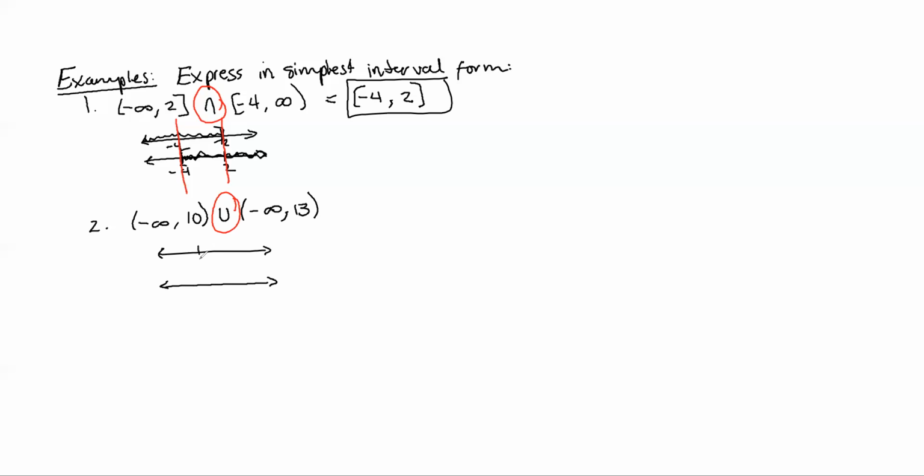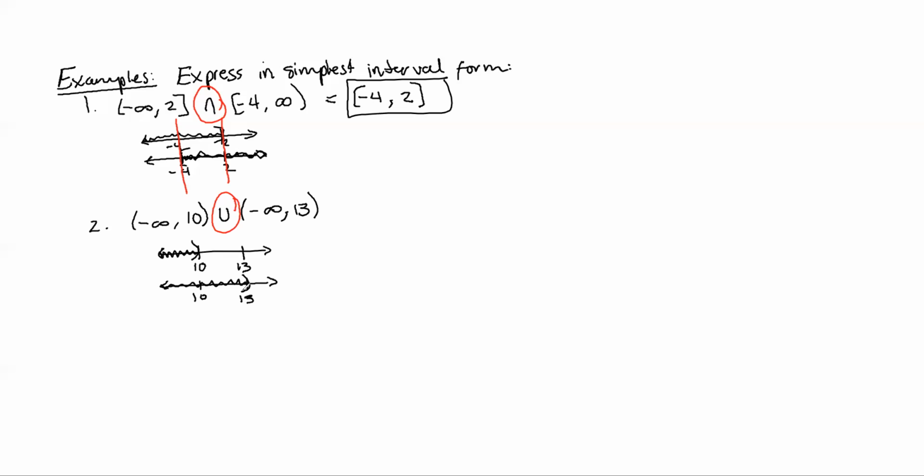But if you want to graph, we're going to have our two numbers, 10 and 13. And let's graph each of these. So everything from negative infinity to 10, parenthesis at 10, and then everything from negative infinity to 13, parenthesis at 13, and we're looking at the union.